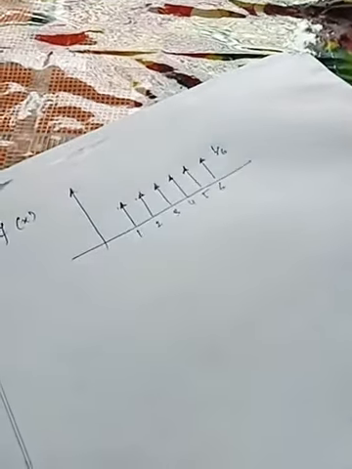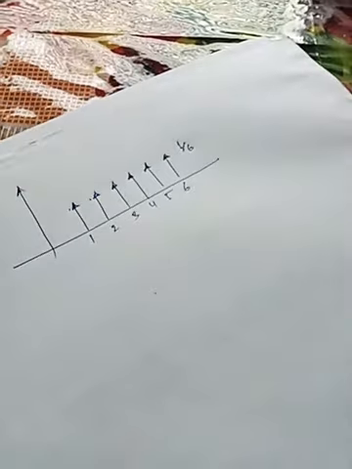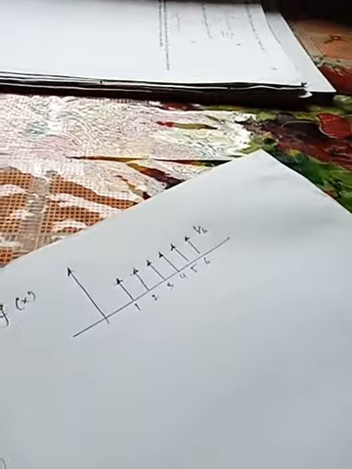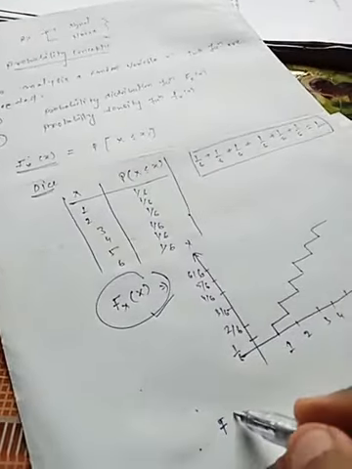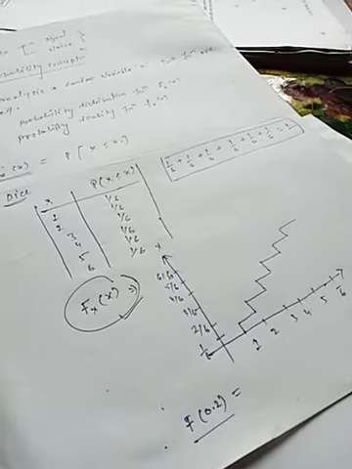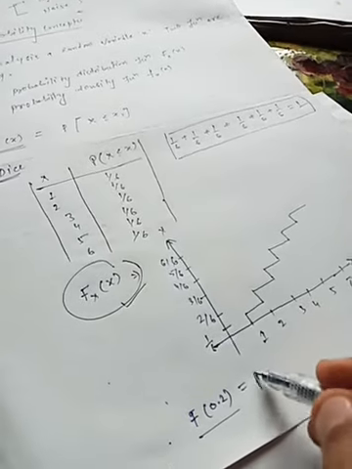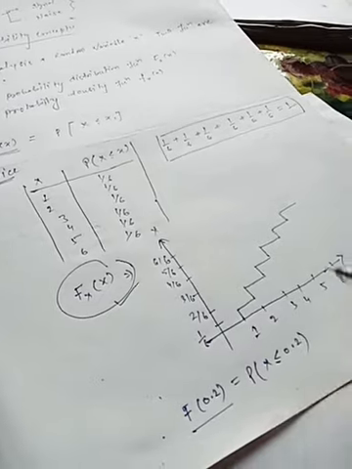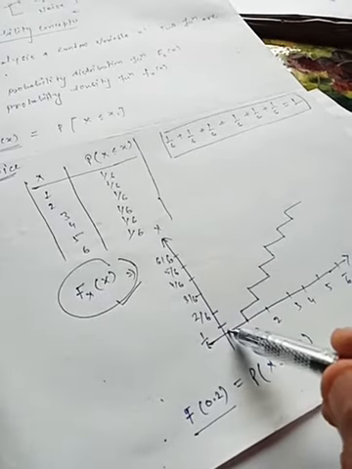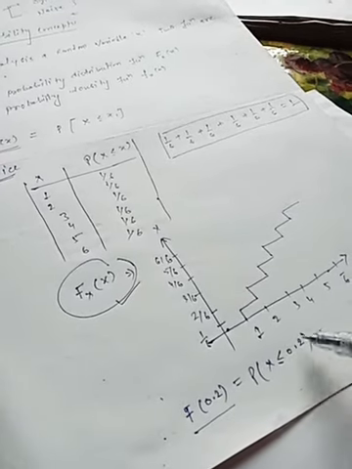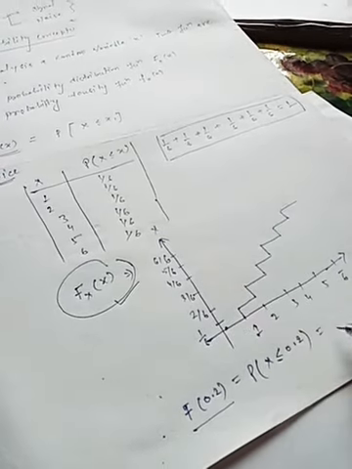Now if we want to evaluate the value of F of 0.2, that means probability x is less than or equal to 0.2. What is the probability of occurring 0.2? Equal to 0.